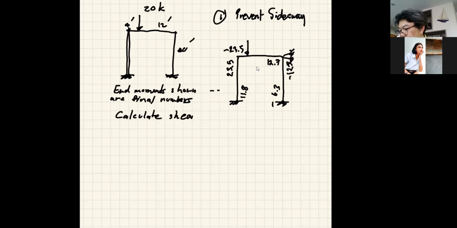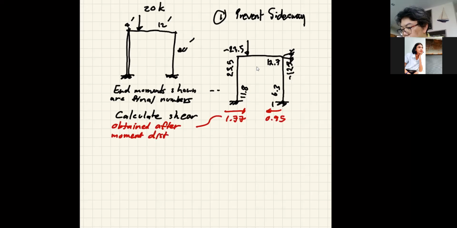In this case, it's a shear. So this will give you this value. Okay, this is 1.77 and this is 0.95. So these numbers are obtained after moment distribution. In other words, you obtain these numbers after you get these black numbers, okay?